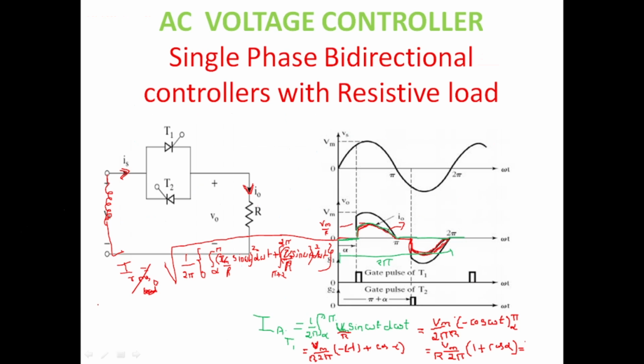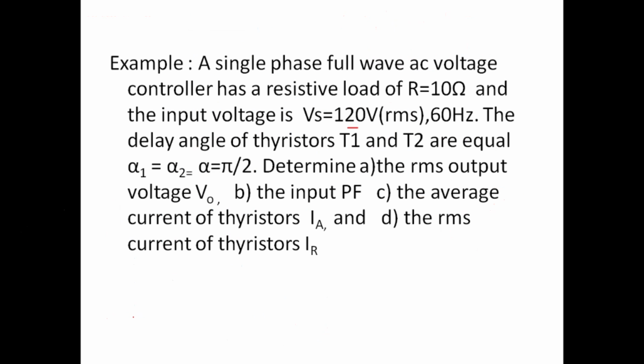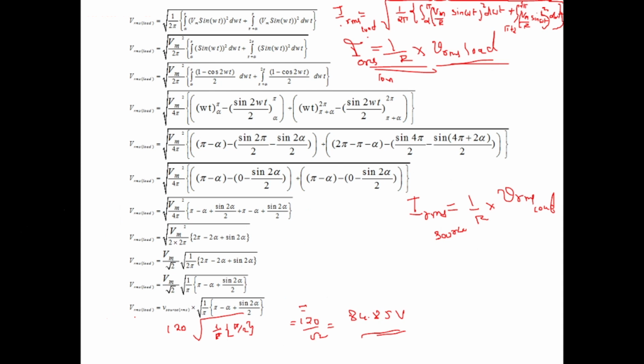Right here, IA. This is a notation I have used right now. You can use anything, IAT1. So Vm is 120 into root 2. Or you can calculate and keep that. R is how much? R is 10 ohm.